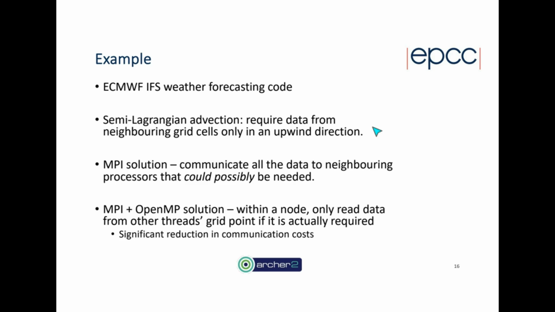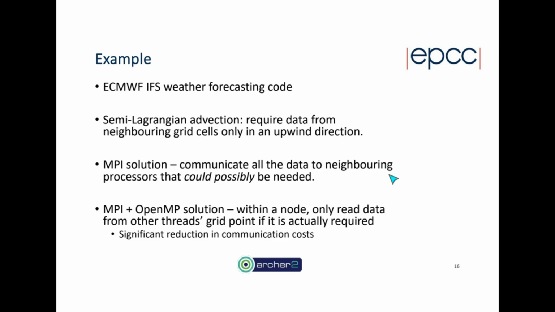If you use this algorithm called semi-Lagrangian advection, then the data dependency is that you only require data from neighboring grid cells in an upwind direction. So you only need the data that's coming from cells where the wind's blowing from, which makes intuitive sense, but not all numerical advection schemes actually exploit that.